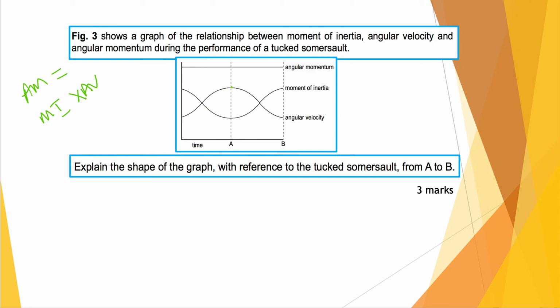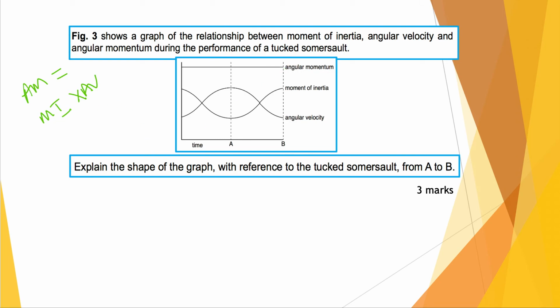At the tucked point, moment of inertia is low because the mass of the body is distributed towards the axis of rotation, which means angular velocity must be high in order to keep this line where it is. And towards the very end of the jump, moment of inertia is high again as we untuck the body, which means angular velocity must decrease in order to keep this the same.